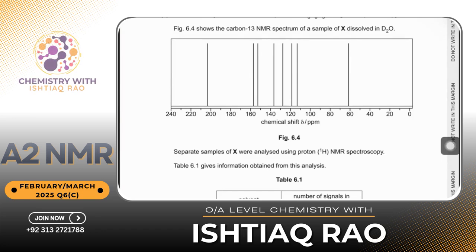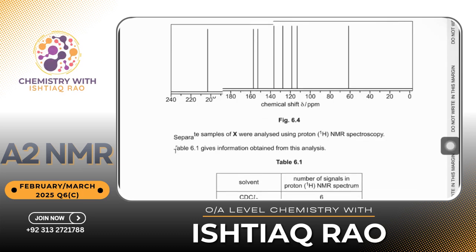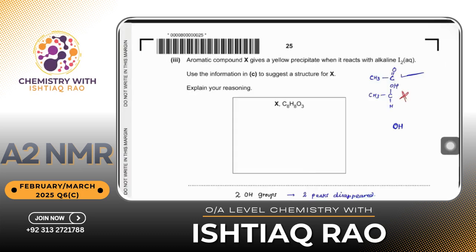Now we have to think. They have told us that we have an aromatic compound. Aromatic means this is called an aromatic ring, an arene, a benzene ring.